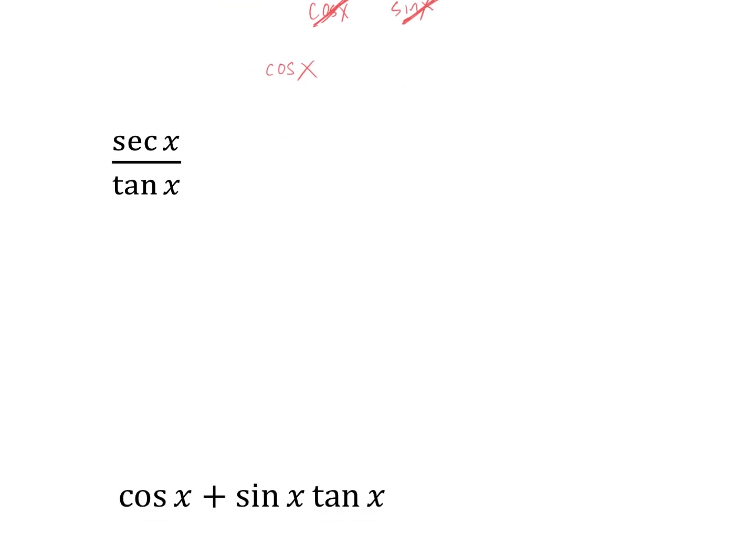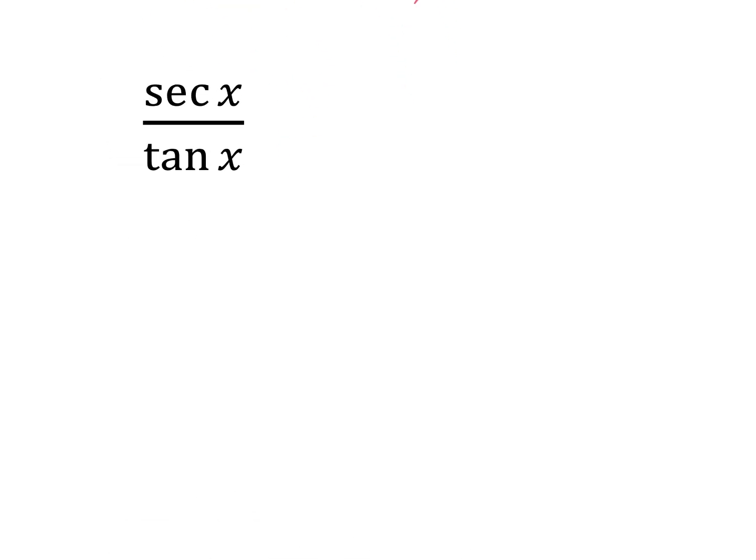Let's look at this one with the division. Can't we just change it to multiplication though? We can. Like, can we just change it to multiplication? No, but could we change it to multiplication in an equivalent form? Yes.